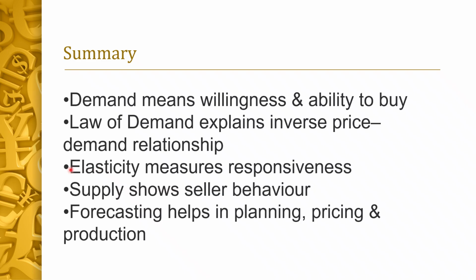We saw what is the demand elasticity, how it is measured, and how it is responsive to the sensitivity of the consumer buying behavior. We had also learned that supply shows the seller behavior, whether the seller has the willingness and ability to sell the product. And then finally we have learned about forecasting, which further helps the producers in planning, in setting the prices, and in deciding their production capacity.